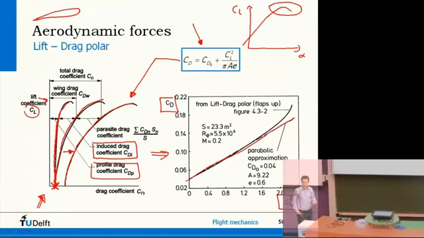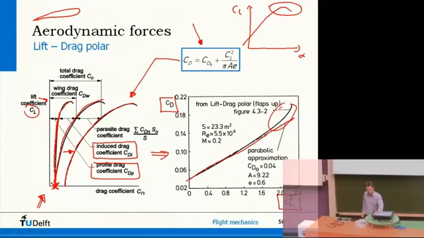And this basically shows us, you could do this for many different types of aircraft, you'd always see more or less the same plot. This basically tells us that this parabolic equation is actually correct. It's really good. Up until very high lift coefficients, it's almost spot on.